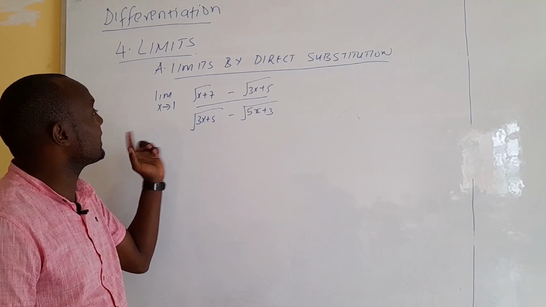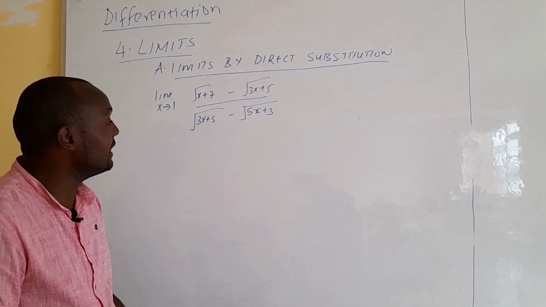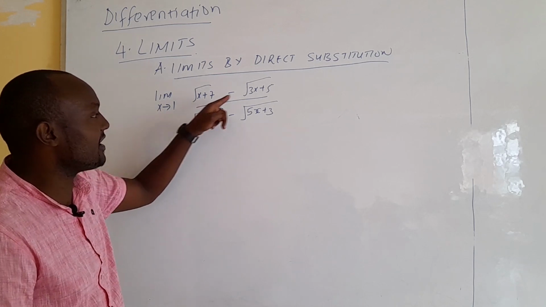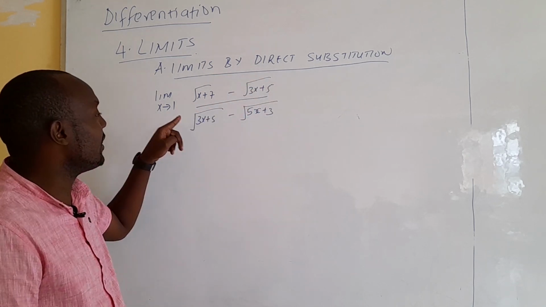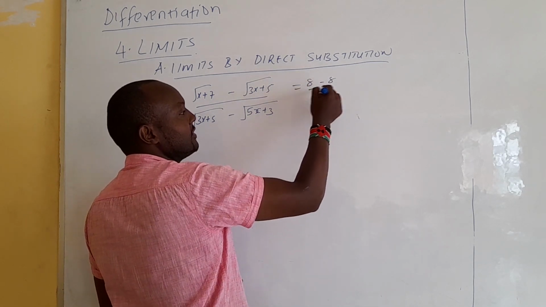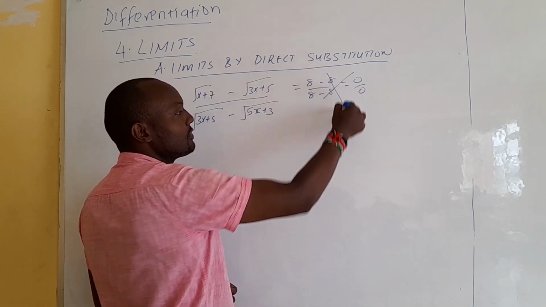So I can give an example 5. In this example 5, I won't solve this one for you, but at least you can see if you replace x with 1, you will get 8 minus 8 over 8 minus 8, so it will be 0 over 0. So you cannot solve this one directly.